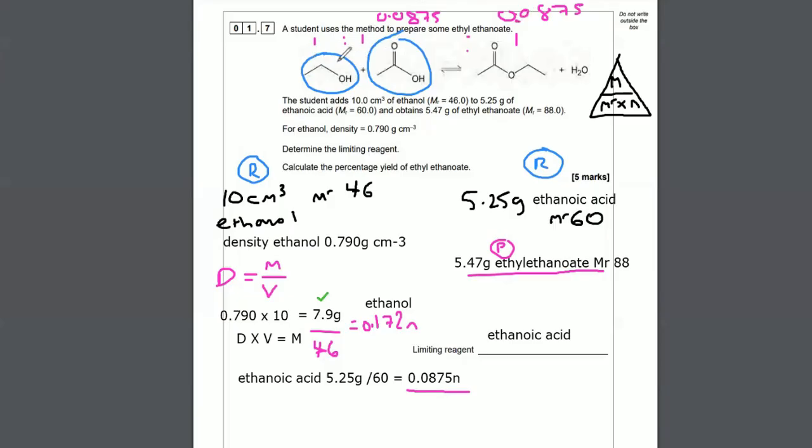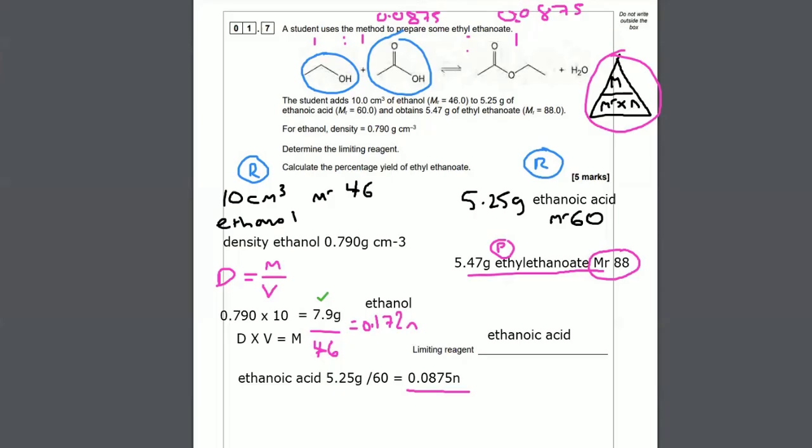I can't make 0.172 because I don't have enough ethanoic acid. So let's find out how much ethyl ethanoate we would actually make. I can do that by taking the Mr of ethyl ethanoate, which is 88, and multiplying that by the moles, n, 0.0875, and that will give me the mass.